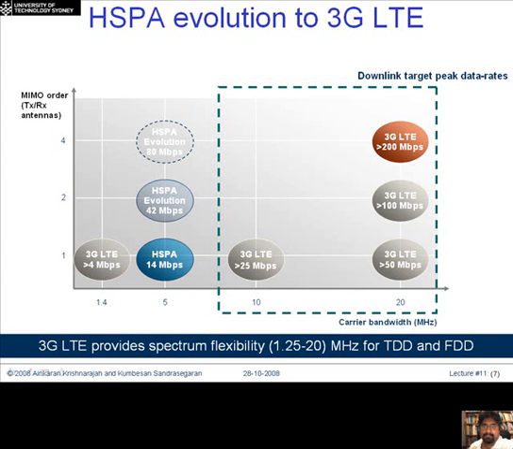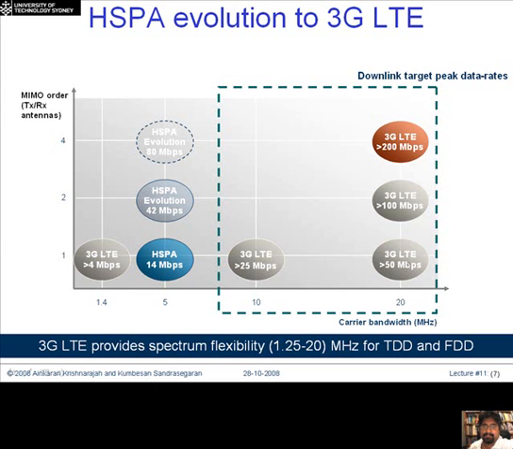Now with the basic LTE, initially most of it is going to be based on the 10 megahertz carrier bandwidth, but eventually it is planned that you will move to a 20 megahertz bandwidth. With a 10 megahertz carrier bandwidth, LTE is supposed to offer about 25 megabits per second.